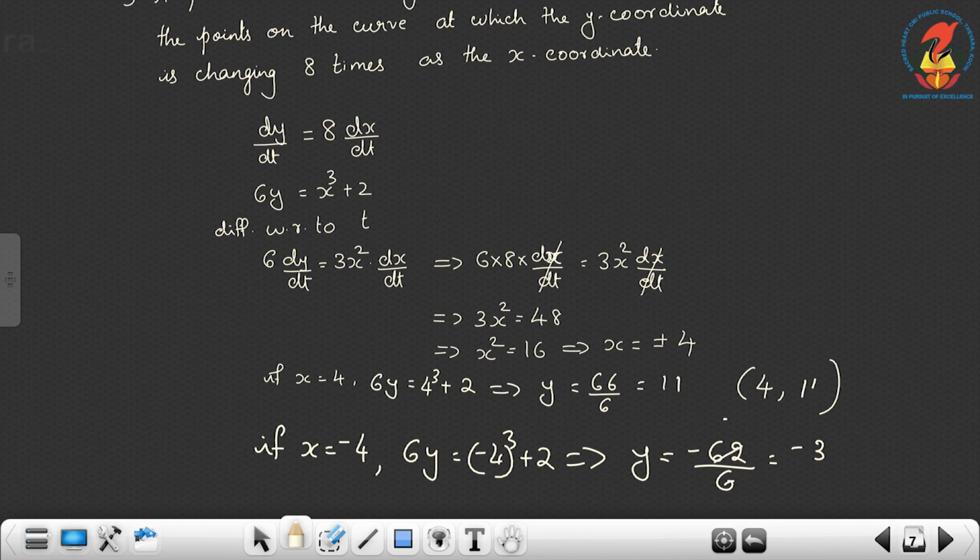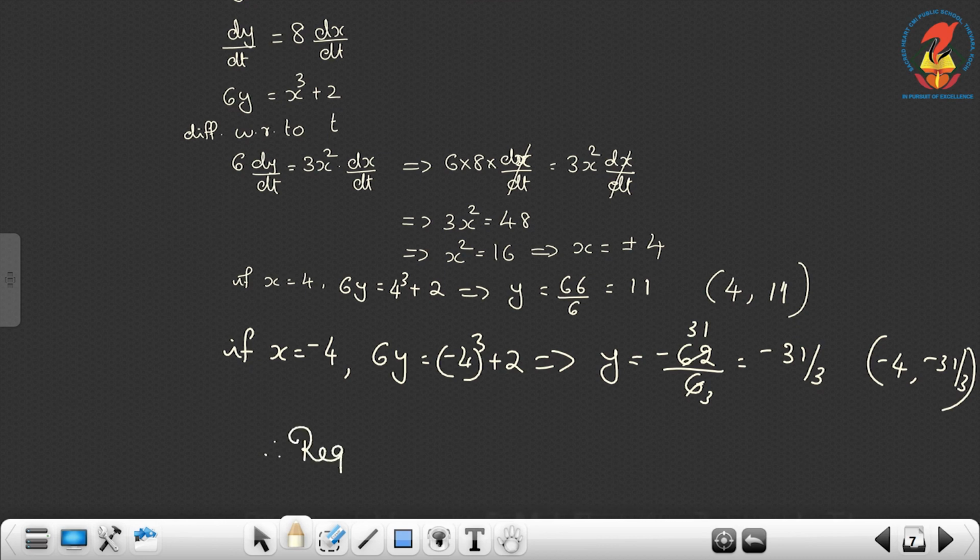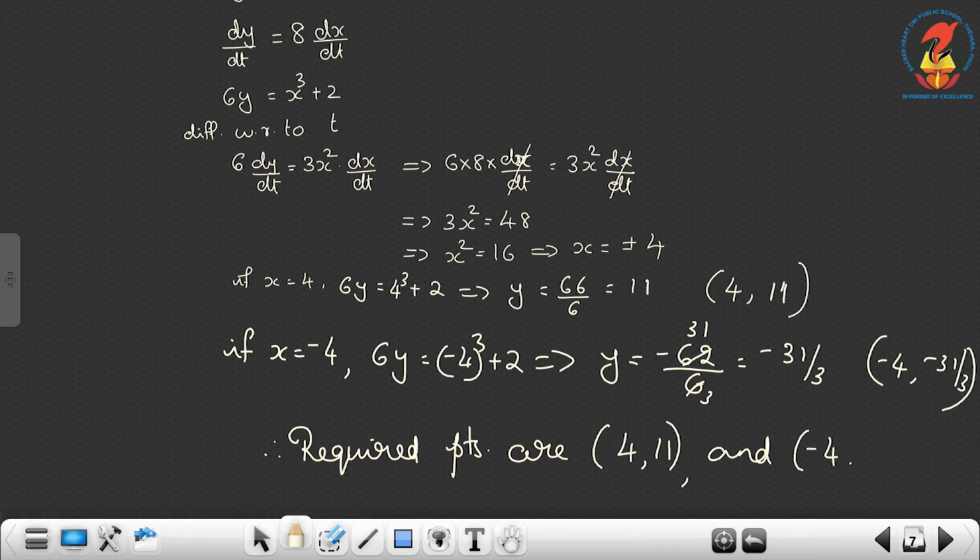We can cancel by 2, 31 and here 3. So the next point is, what is the next point? It is (minus 4, minus 31 by 3). Therefore, required points are (4, 11 by 3) and (minus 4, minus 31 by 3).